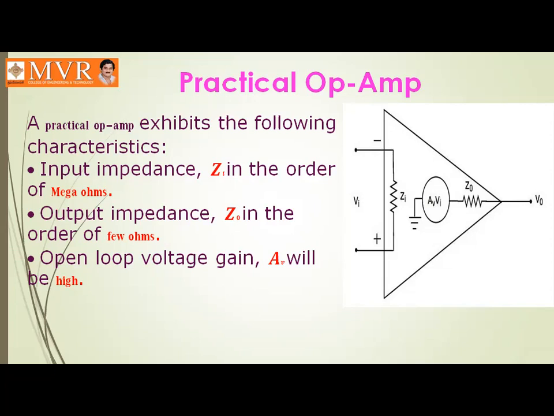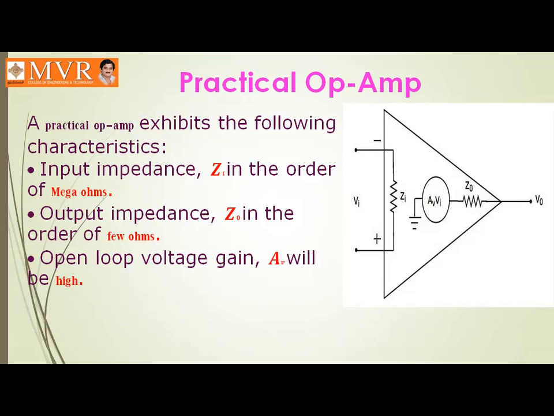The practical op-amp characteristics must be nearer to the ideal op-amp characteristics. So that is why we are considering here input impedance in the order of mega ohms.